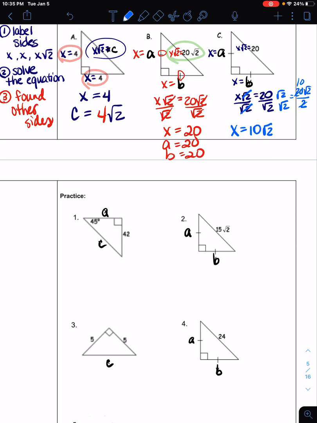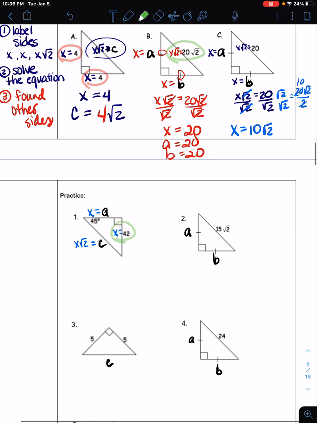Okay, so hopefully you worked the problems. So again, label your sides. This is a 45, 45, 90 triangle. So I'm going to say x is equal to, well, x is equal to 42, and x root 2 is equal to c. Now the only one that has a number where we can solve it that doesn't have two variables is the x is equal to 42.